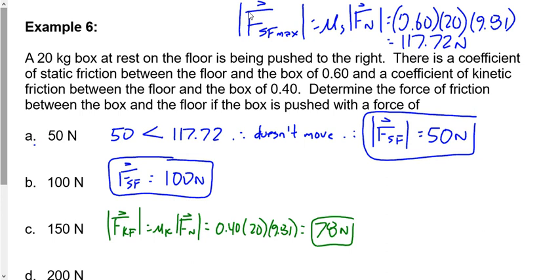Because remember, kinetic friction is what it is. If kinetic friction is 78, it's always going to be 78. What if I push with 1,000 newtons? Clearly, it's going to move, right? What's kinetic friction going to be? 78. I push with 1,000,000. Does it move? Of course it does. What's kinetic friction going to be? 78.